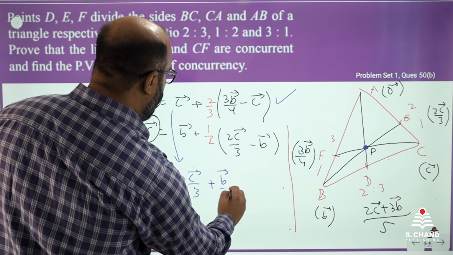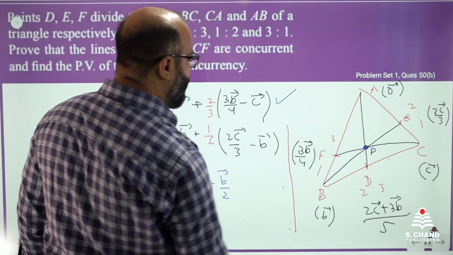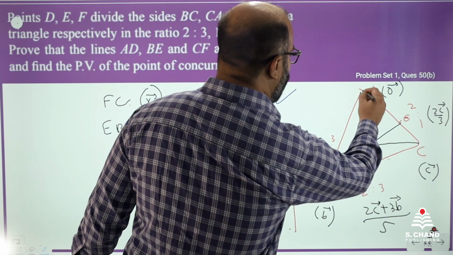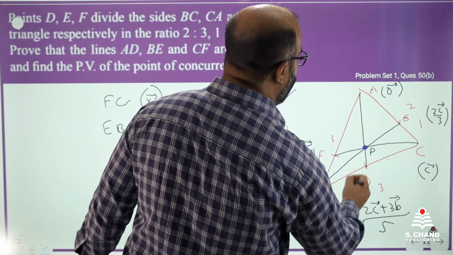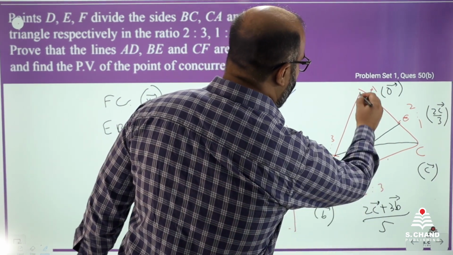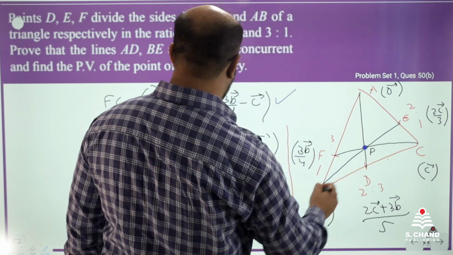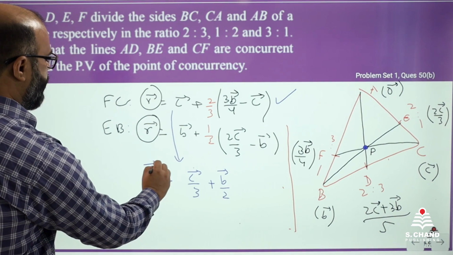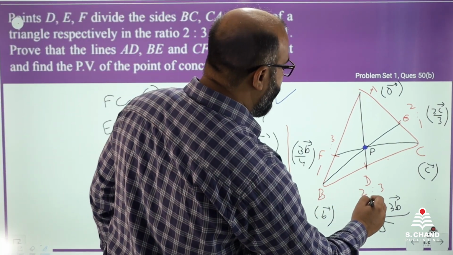So this is the position vector of P, the intersection of FC and EB. Now if AD also passes through it, then the position vector P should satisfy the line AD. So let us check for collinearity.